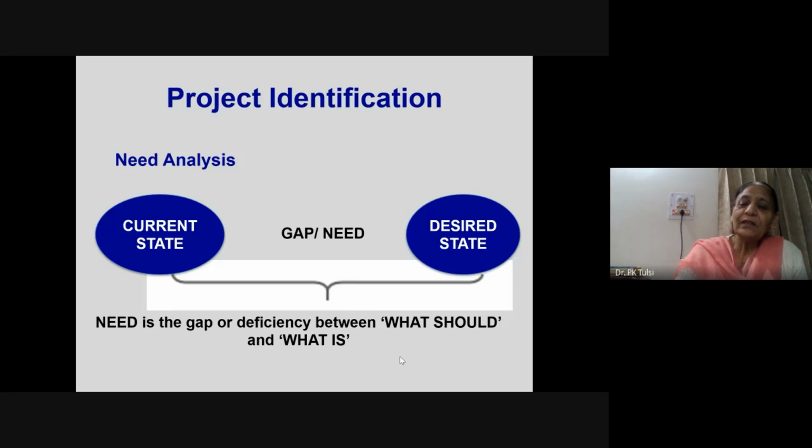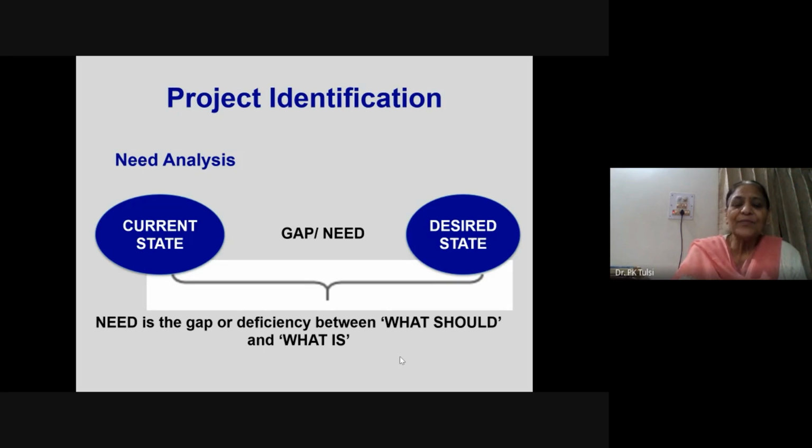Now, maybe the benchmark is 40% of the market share for a given product, but the current state may be that you are able to have 30% or 35% market share. So there is a gap between the desired status and the current status, and that gap needs to be identified.